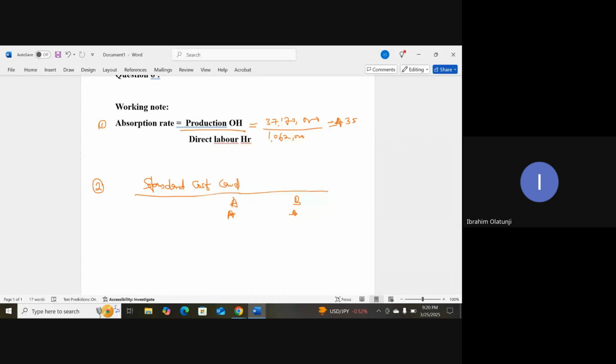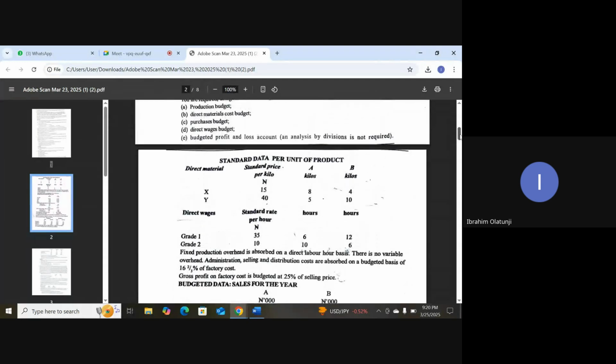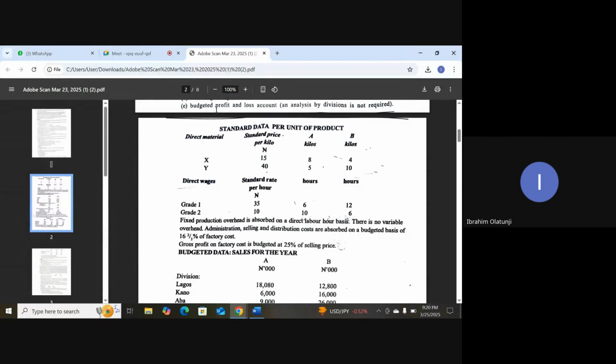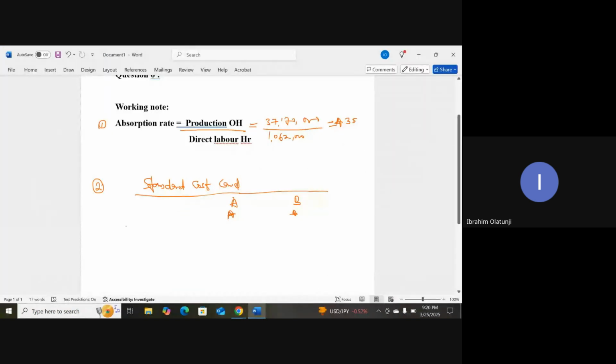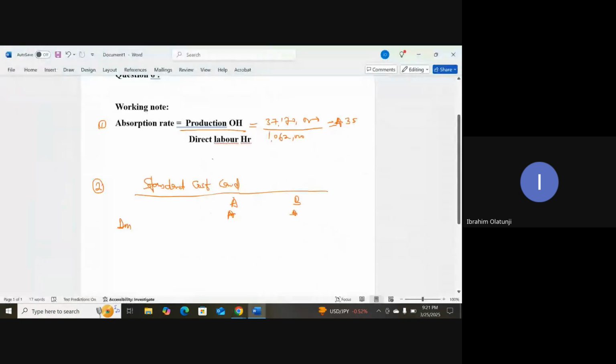From product A, what will make up your standard cost card is the cost incurred. That's why we call it the standard cost card. So look at the standard data. We have direct materials, and the direct materials comprise 2 materials, X and Y.